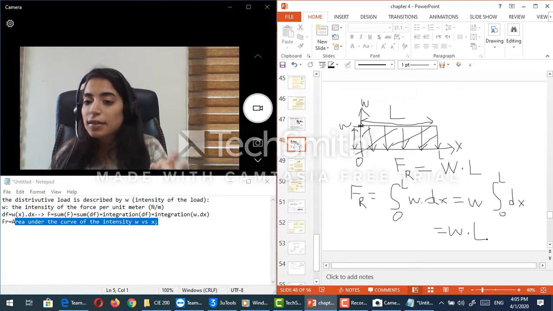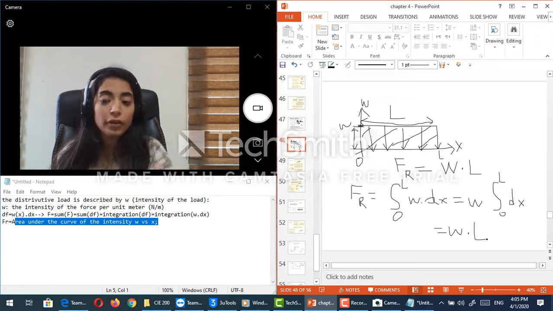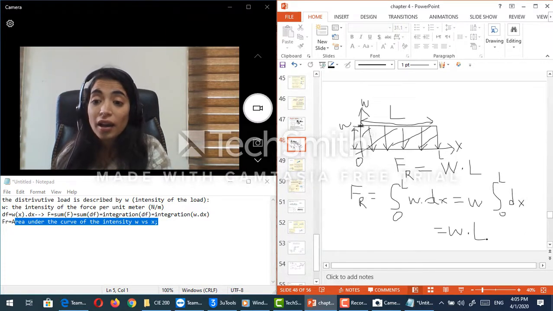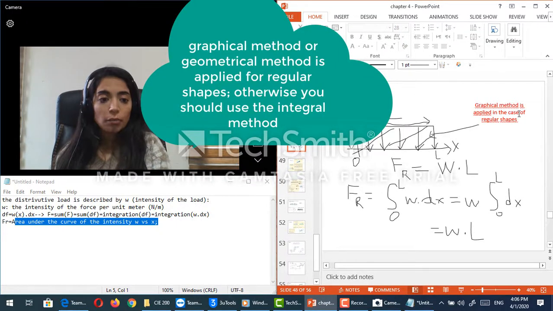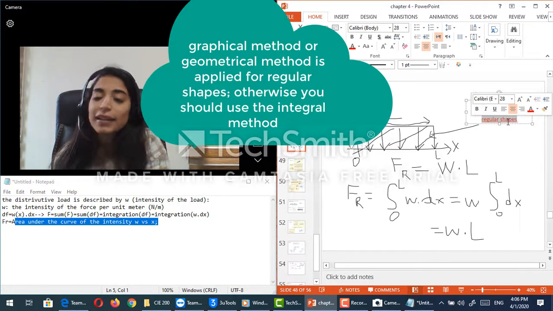So you can see, guys, that if I apply the graphical method, and usually the graphical method is applied only in case of regular shapes. Because in fact, if the shape is not regular, I cannot find A. That's it.